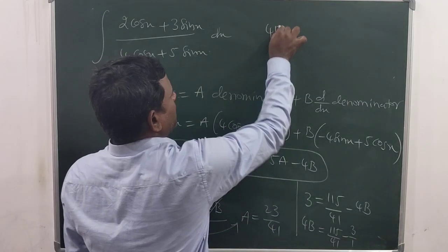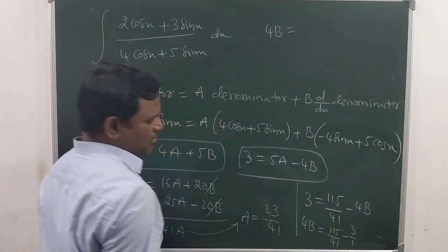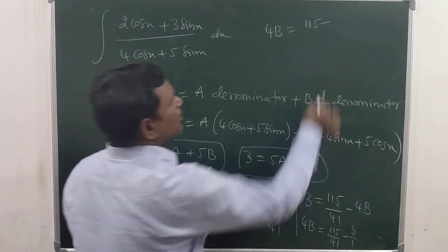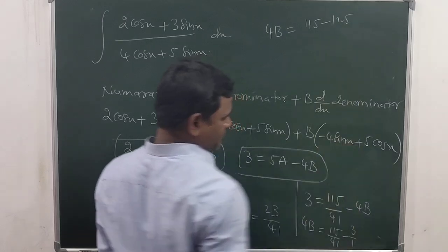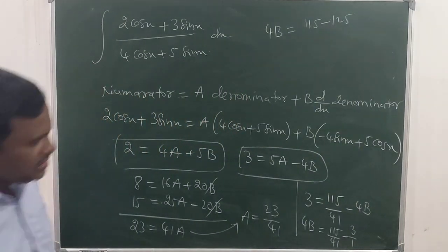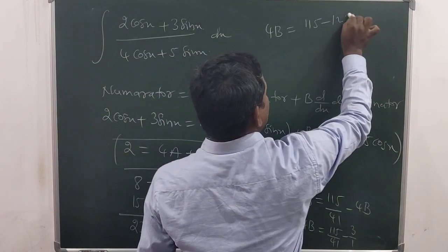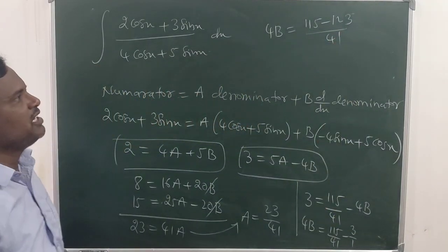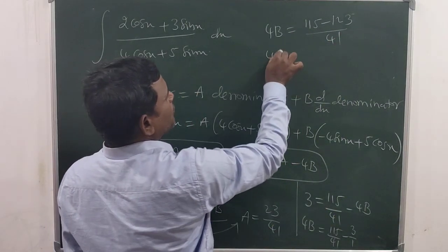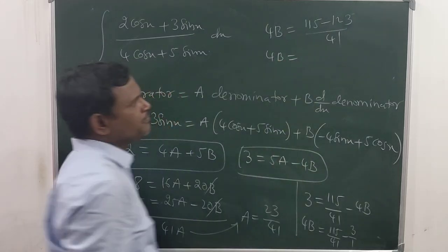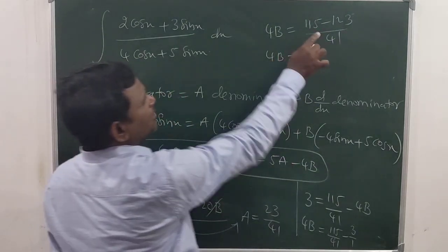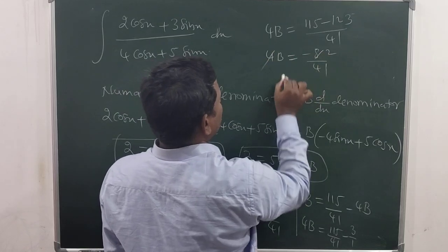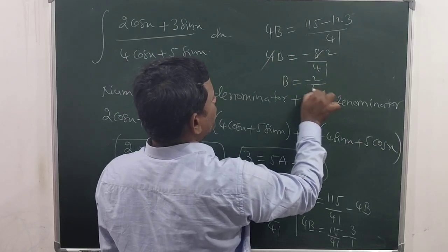What do you get? 4B is equal to 115 minus 123 by 41. Isn't it, students? 3 ones are 3, 3 41s are 123. So what is the difference of these two? 4B is equal to minus 8 by 41. Your B value will be minus 2 by 41.